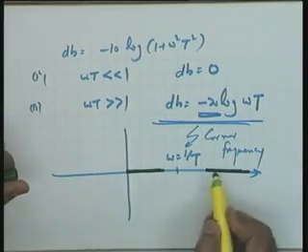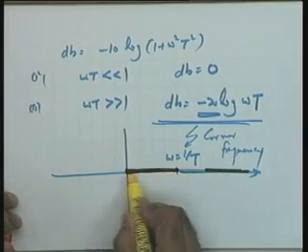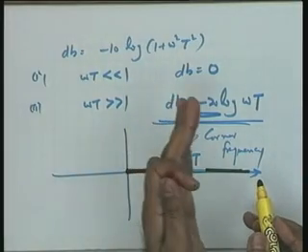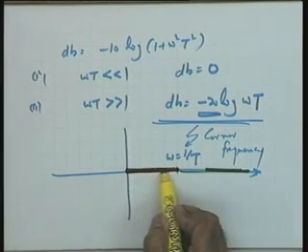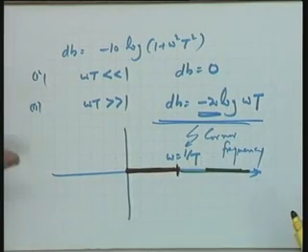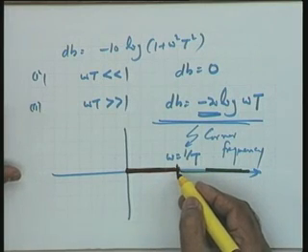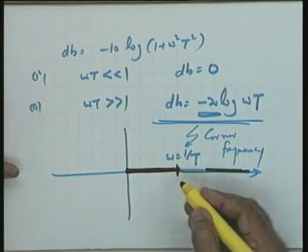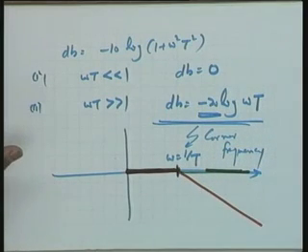If I just assume that this approximation is valid up to omega equal to 1 over T, then it gets extended to this point. And if I assume for this range the approximation is valid again up to omega equal to 1 over T, then my line of minus 20 dB per decade passes through this particular point, omega equal to 1 over T.